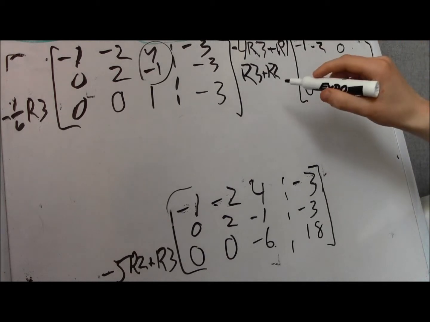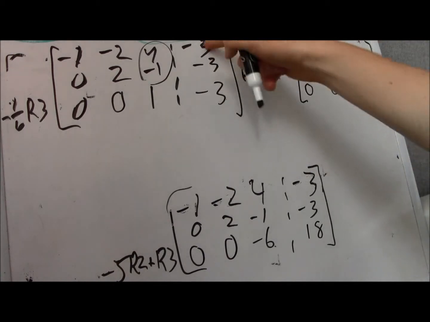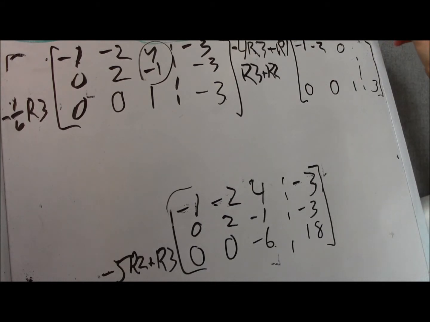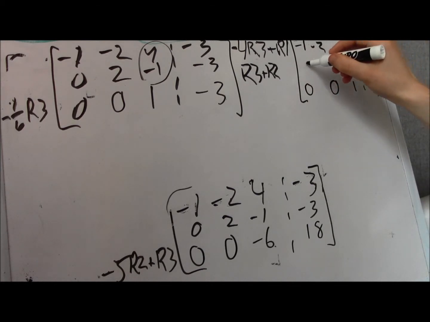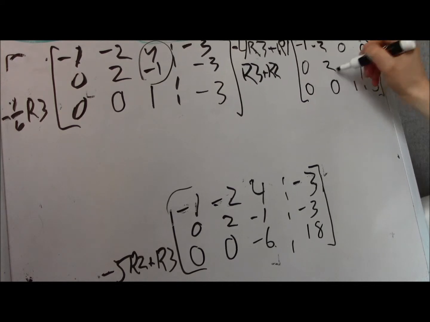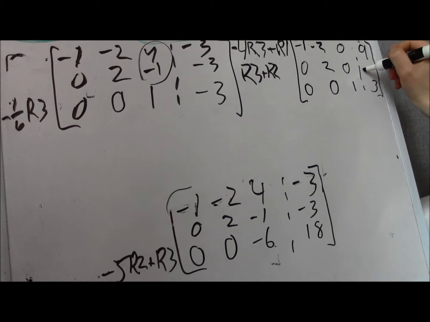Did I do that right? -4 times -3, so that's 12, plus a -3. That's 9. And then we have just add row 2 and row 3, so 0 plus 0 is 0. Leave the 2 there. This also becomes 0. This is -6.